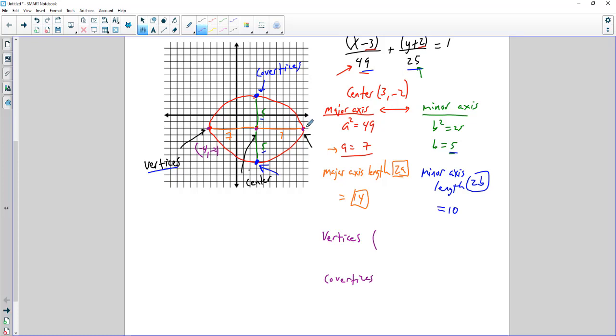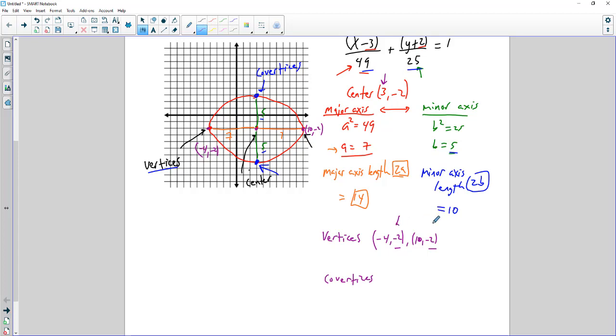Here it'll be 3 plus 7, which will be 10, -2. So those are the vertices right there. We're just adding and subtracting 7 to the x coordinate of the center. So it's pretty straightforward: -4, -2, and 10, -2. What you notice, since we're only moving along the x boundary there, is that we're actually not changing the y value at all.